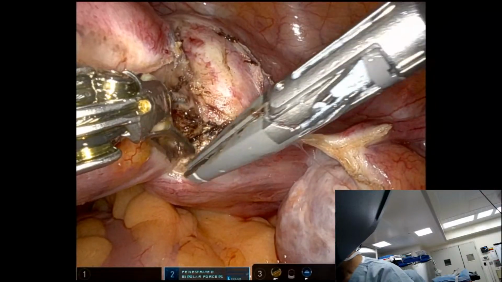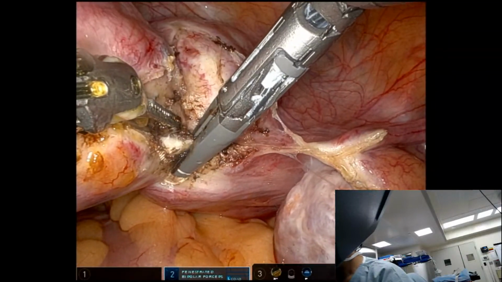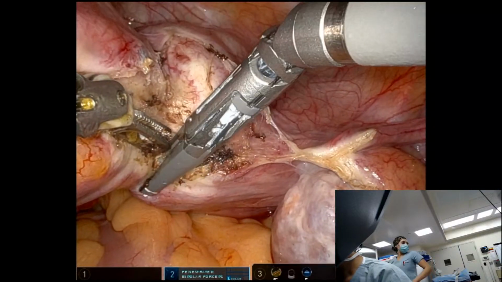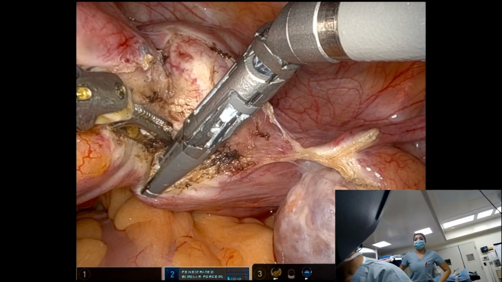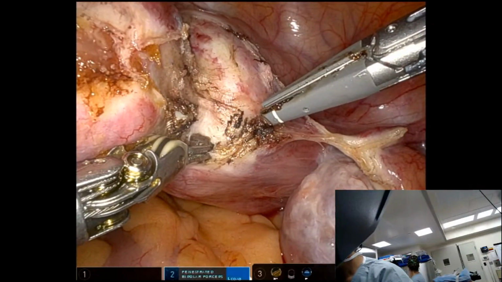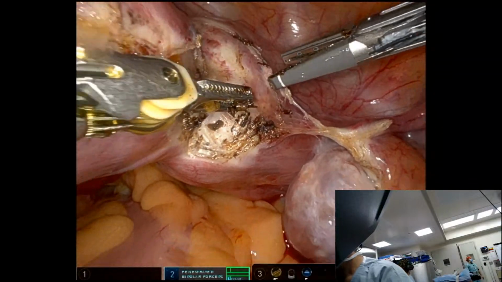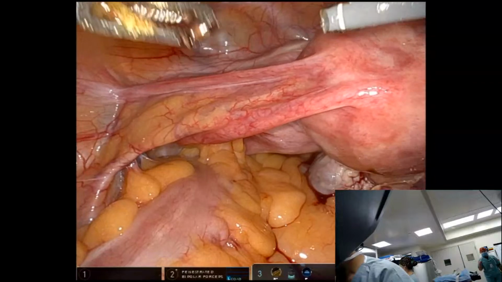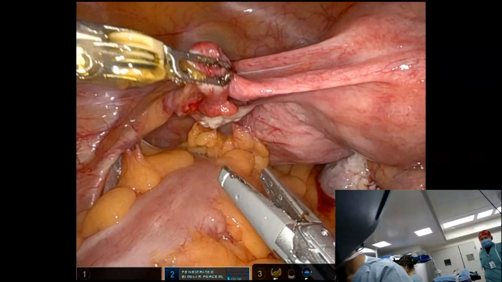We're getting here the right side of the bundle. We're probably at the level of the hysterectomy ligament right here. The other side. Now we're getting the left side of the uterus.